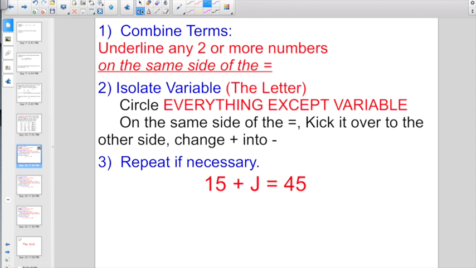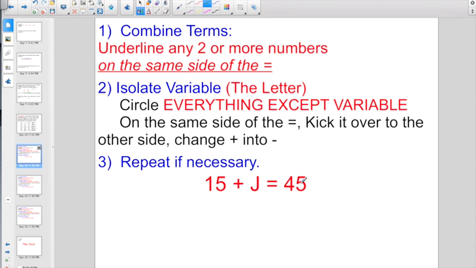So let's take a look at what we've got going on, because from here on out, if it has a variable, you must show your steps. So first one says combine terms. Do I have 2 or more terms on this side of the equal sign I can combine? I can't combine 15 and J. Do I have 2 or more terms on that side of the equal sign?